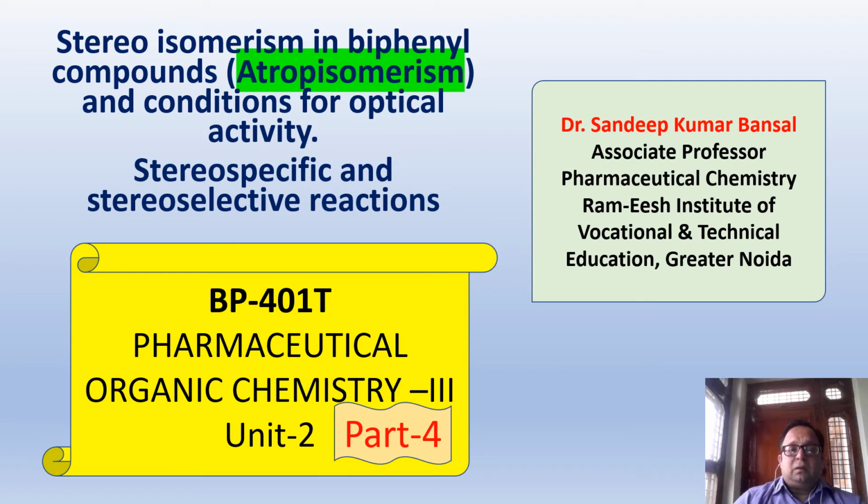Hello everyone. This is the last topic of unit second of the subject Pharmaceutical Organic Chemistry third. In this topic, we are going to discuss stereoisomerism in biphenyl compounds, which is also known as atropisomerism, and we will also look at the conditions under which biphenyl compounds exhibit optical activity.